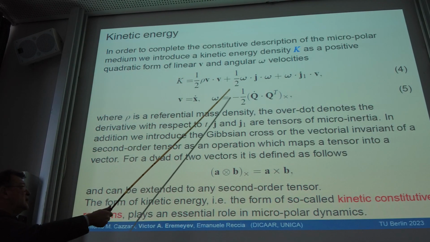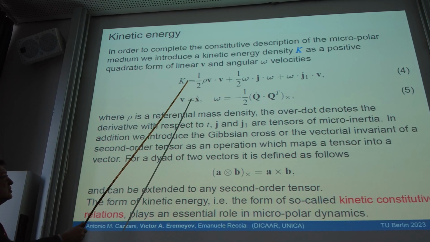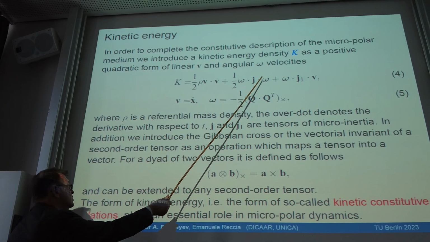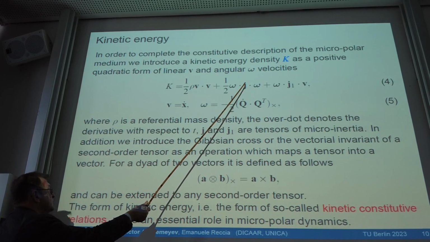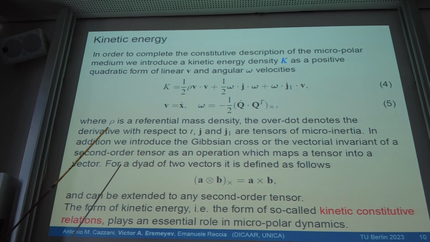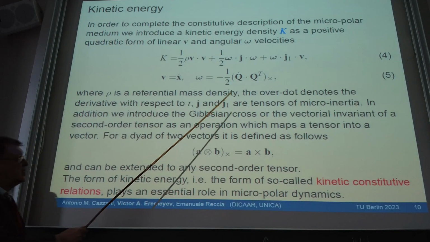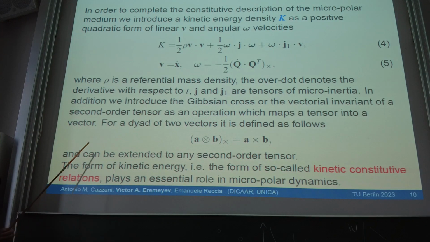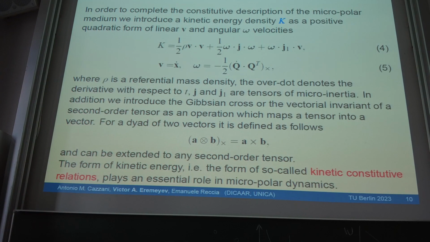In this quadratic form we have the density, material density, and we have two second order tensors, which are called micro-inertia tensors. Usually, for many problems, people say that J1 disappears, it vanishes, and J is just a spherical part of the tensor, just one scalar measure of inertia, and that's it.